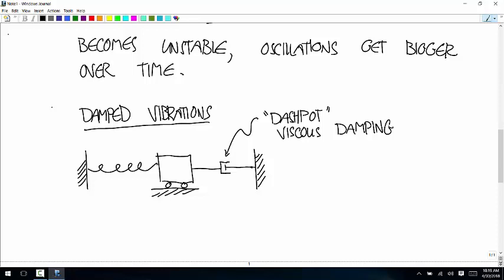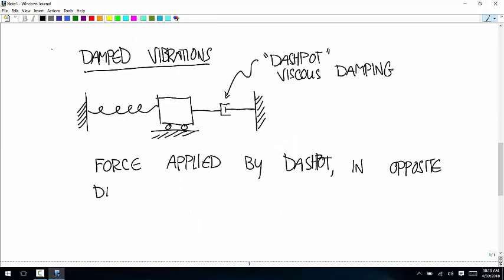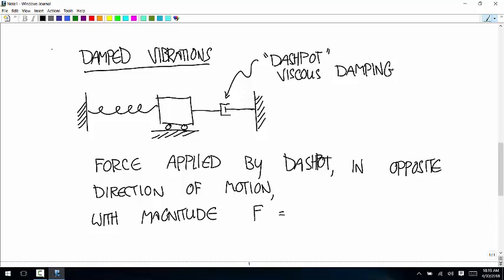But the force applied by the dash pot is in the opposite direction of motion, with a magnitude equal to some constant c times the speed of the motion, so that'll be x dot.